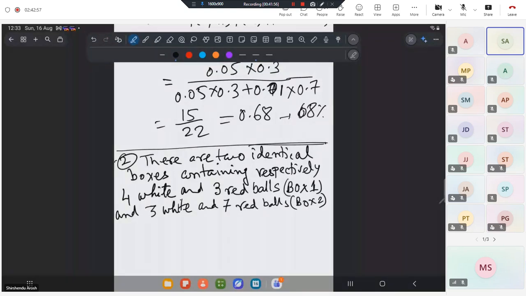So a box is chosen at random, and a ball is drawn from it.